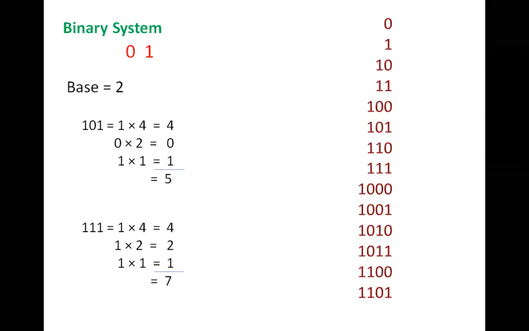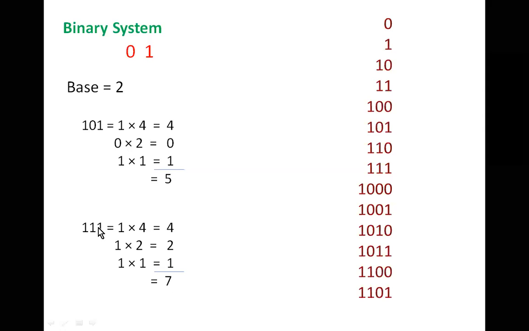So totally, we have used all the symbols 4 times: 4 into 1, which is 4. And we have used all the symbols twice: 0 into 2 equals 0, and this is the current counting. So this is the 5 equivalent number in the decimal system.